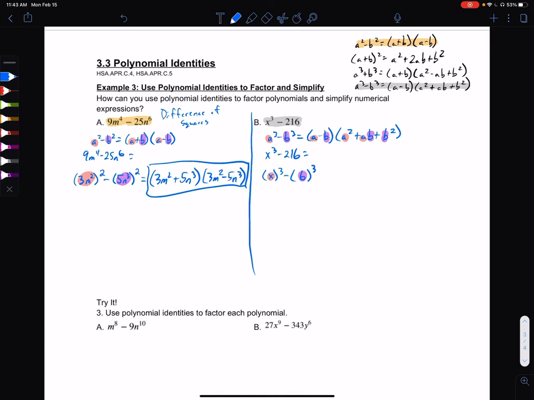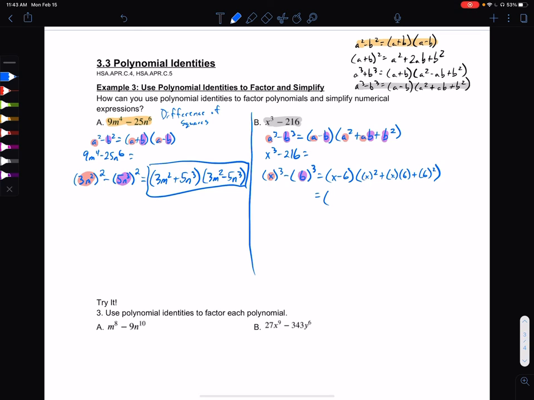The most common mistake with these problems is not using the correct a and b and not finding the actual cube root or the square root or whatever it happens to be. So do be careful with that a and b value. Now I can plug these in. So I get a minus b, which is x minus 6, times, and I'm going to put everything I substitute in parentheses, x squared plus x times 6 plus 6 squared.